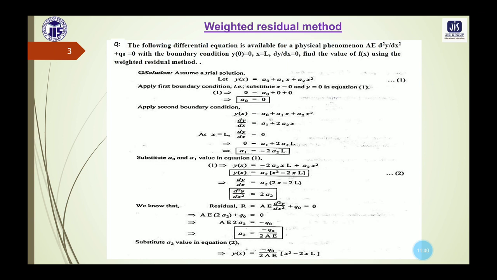Now we need to find the value of f(x) using the weighted residual method. So the boundary conditions given are at x equals 0, y equals 0, but at x equals capital L, dy/dx equals 0.